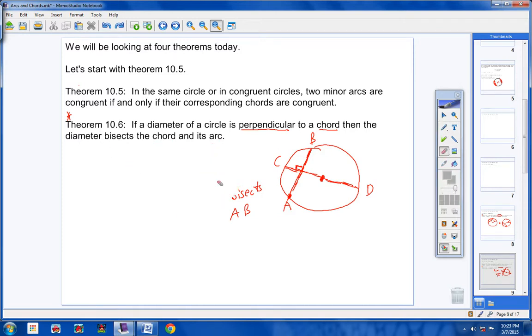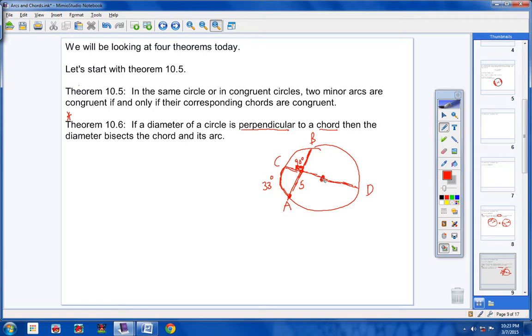Now, let's use some numbers here. So let's say I had 90 degrees written here, so you knew it's a right angle, alright? And I had 5 written right here for the length. From here to here is 5. And you knew this arc here, I'm not sure what to say, it has a measurement of 33 degrees, okay?